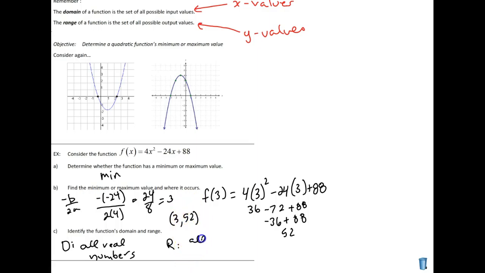So we say all reals y greater than or equal to 52. Or you could say all y greater than or equal to 52. There are a lot of different ways you can say it.